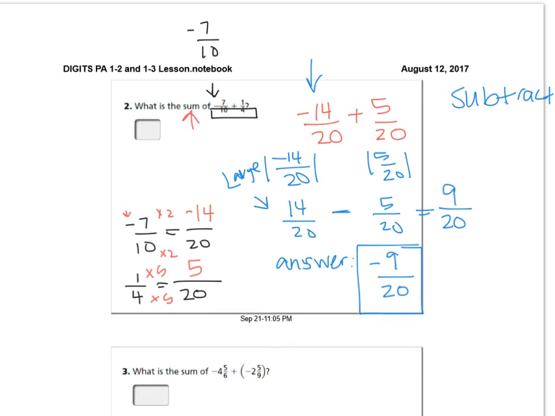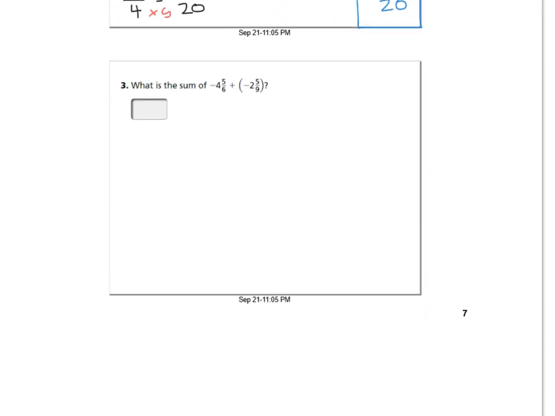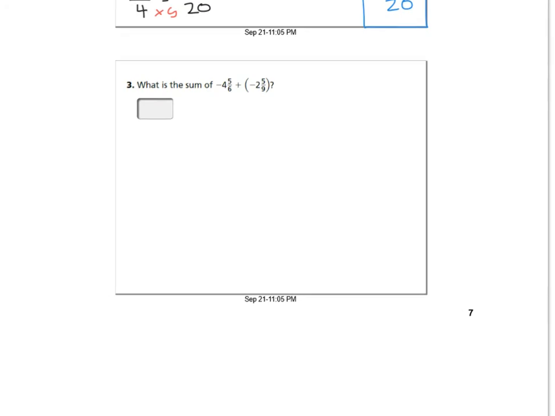All right, so let's go to our last problem. Our last problem has mixed numbers. Now, as you know, if we have a mixed number, we have to change it to an improper fraction. So to do that, off to the side, we have negative 4 and 5/6.